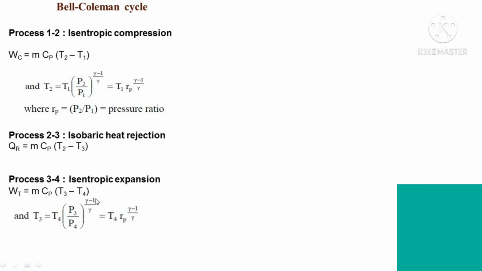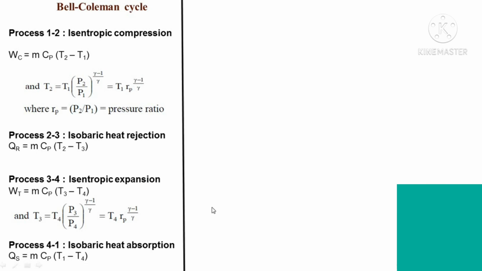As P3 equal to P2 and P4 equal to P1, again it becomes (P2 upon P1) raised to (gamma minus 1) upon gamma, that is RP raised to (gamma minus 1) upon gamma. Now consider the process 4 to 1, which is an isobaric heat absorption process, where the heat is absorbed at a constant pressure, which is given Qs equal to mCp (T1 minus T4).